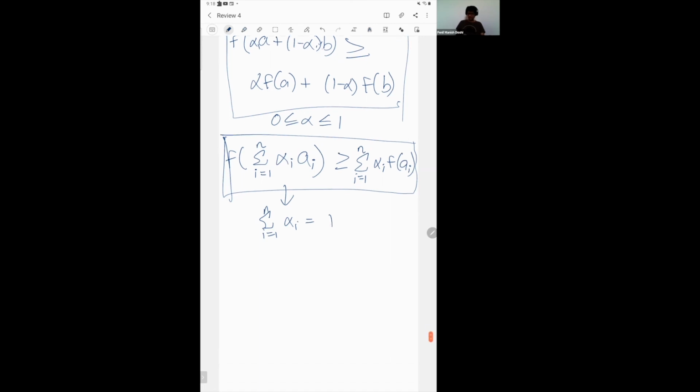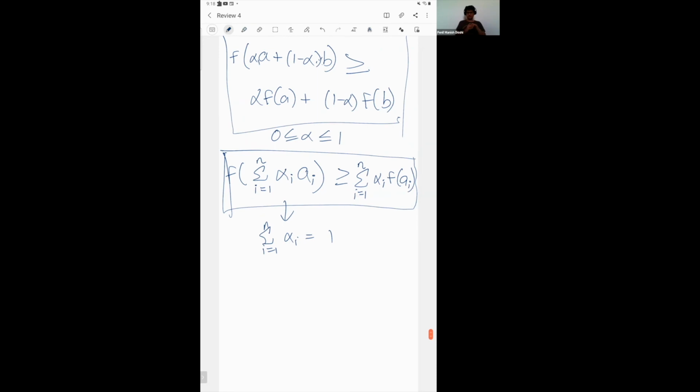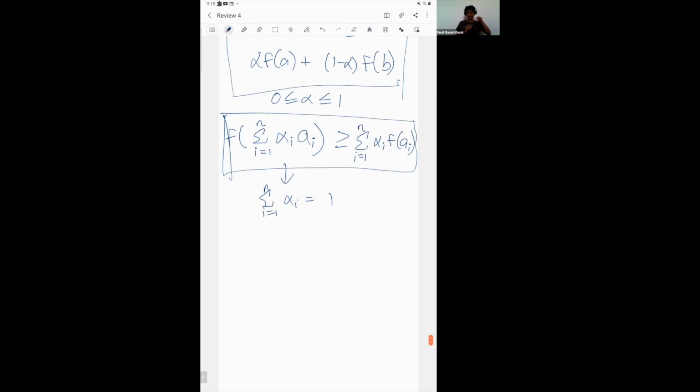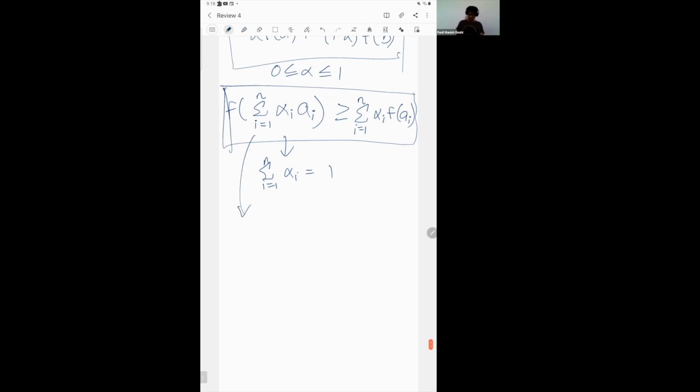You can easily prove this using induction. First take alpha 1 and keep alpha 2 to alpha n aside. So this is equal to alpha 1 e1 plus 1 minus alpha 1 e2. No, sorry.